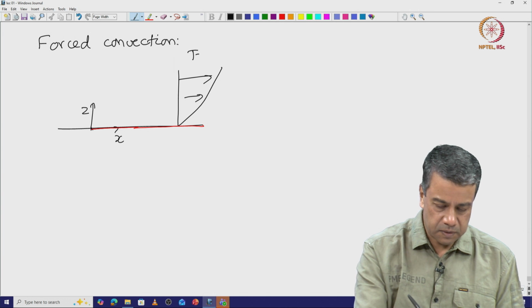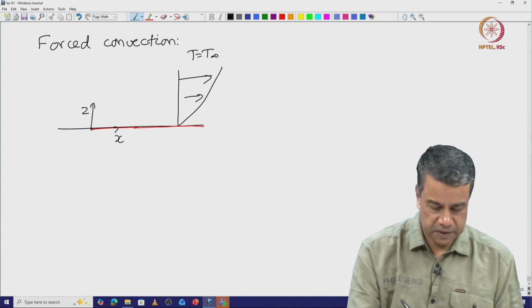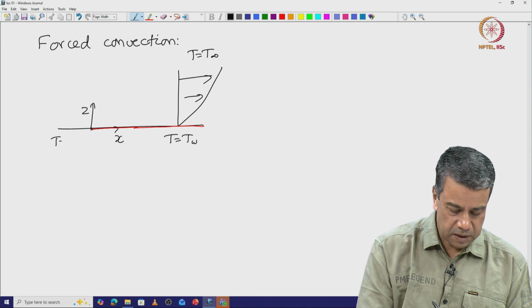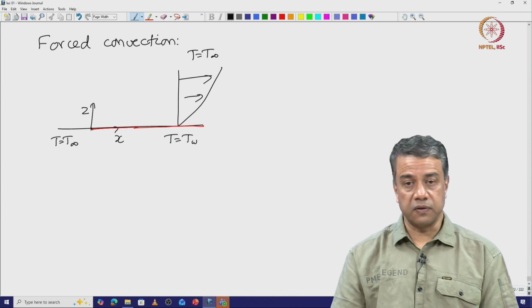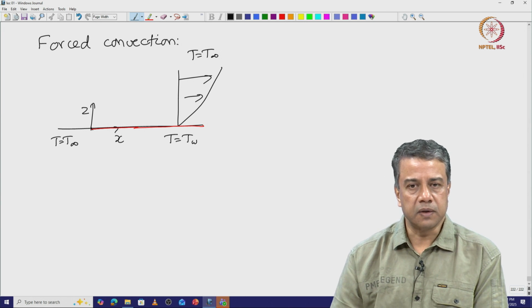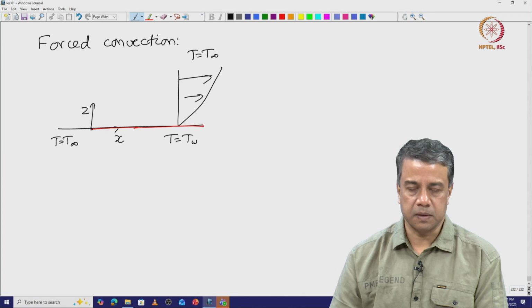So, T is equal to T infinity far from the surface, T is equal to T wall at this heated section, and T is equal to T infinity before the fluid comes into contact with the heated section. And we were looking at this in the case where the Peclet number was large.